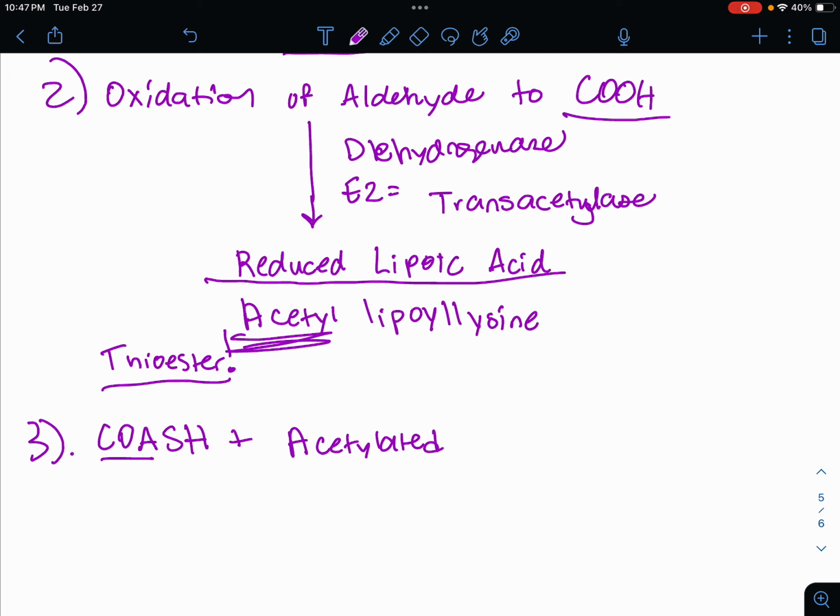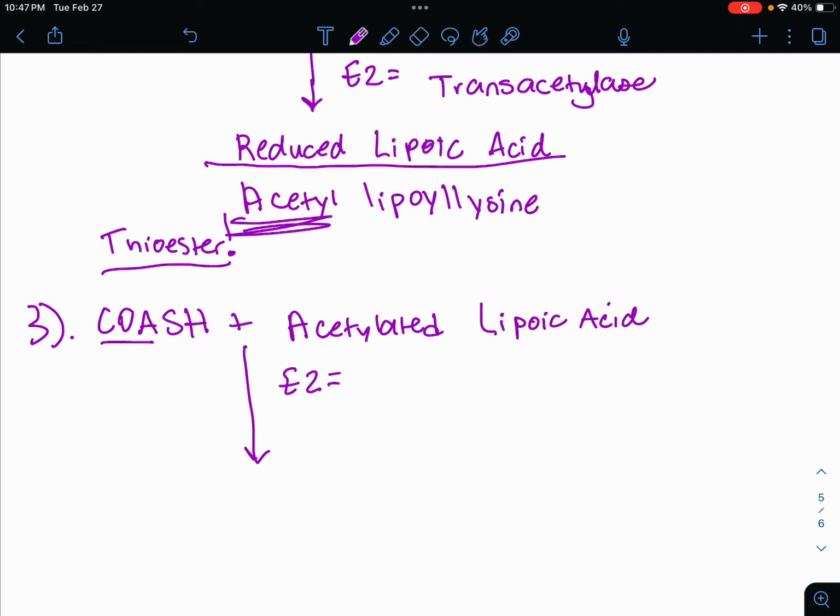Okay, the acetylated lipoic acid. When CoA and the acetylated lipoic acid come into contact, and there's the enzyme number 2, which is the transacetylase, this is going to form our acetyl CoA.